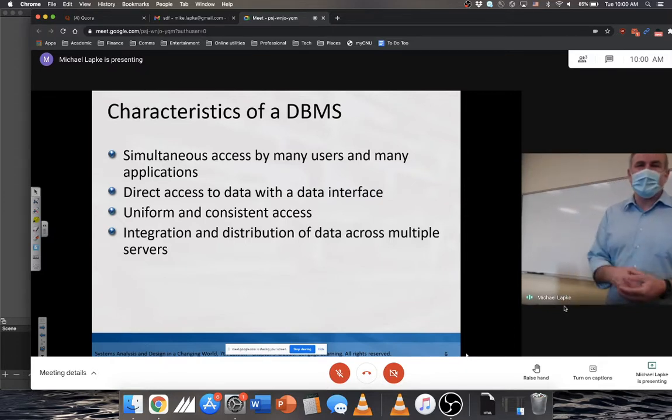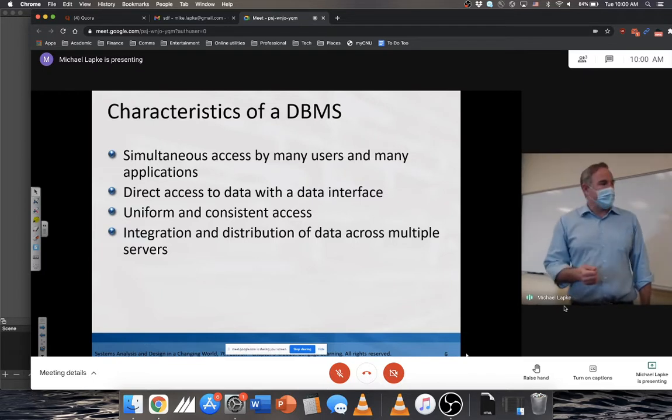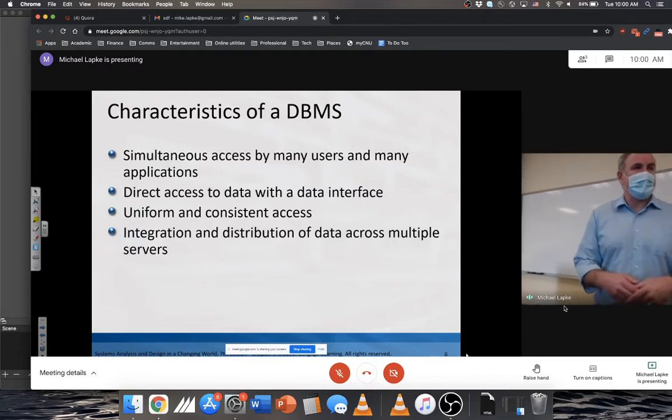The Oracle one is much more efficient, but probably less user-friendly. You tend to use scripts a lot more with that. But you guys are probably happy to be using a more graphical user interface like phpMyAdmin. But bottom line, the DBMS needs to give you some way to manage and administer the data. Uniform and consistent access, so the way that data is retrieved should be very consistent. Integration, and distribution of data across multiple servers.